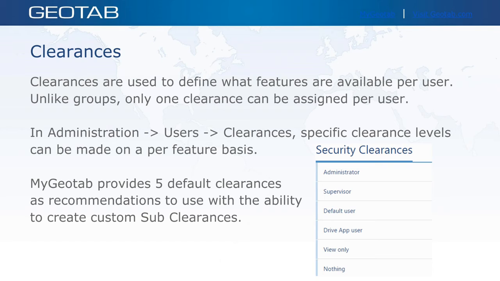And then we have a nothing security clearance. The main purpose of that one would be if you have drivers in the system that you have to add as a user in the database to be able to run reports on them, but you may not actually want to give them access to the database, and if for some reason they've figured out their password and are able to get in, they won't be able to see anything. They'll have nothing, if you will.